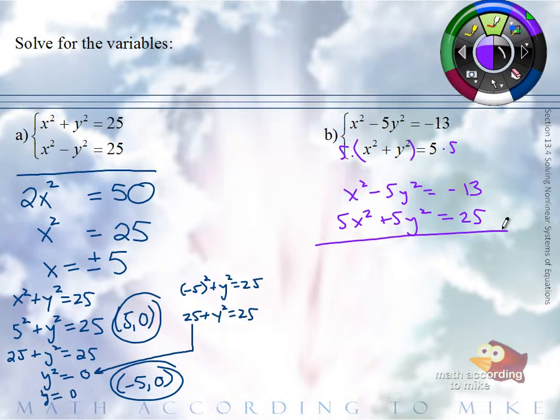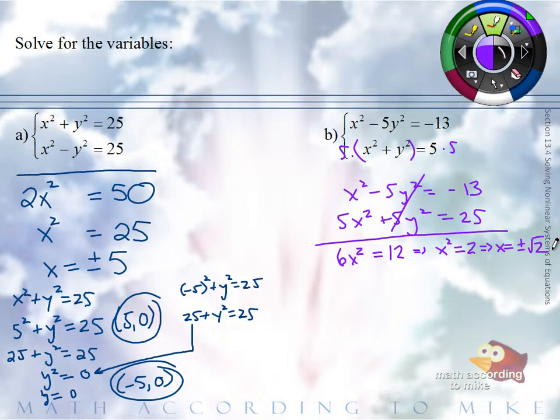If we add both equations, how many x squareds do we have? Y squareds are gone, equals constant. If 6x squared equals 12, that means x squared equals 2. And that means that x equals plus or minus the square root of 2.